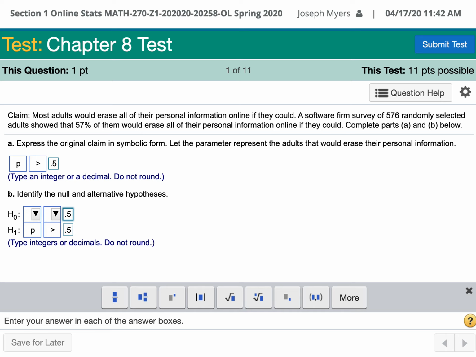They both always involve the same value. However, the null hypothesis involves an equal sign. Depending on what statistics textbook you're using, sometimes the null hypothesis might say less than or equal to, but it will always involve an equal sign. All right, so that's that.